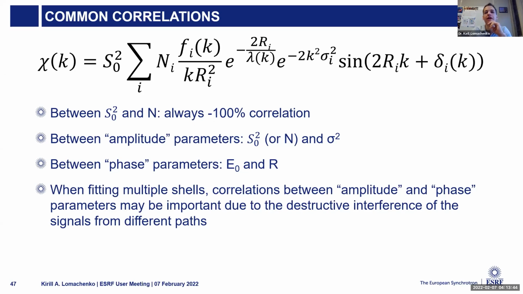So you can also have correlations between amplitude and phase parameters because of the constructive and destructive interference of the signals coming from different paths. So it's possible to have the correlations also between amplitude and phase parameters.